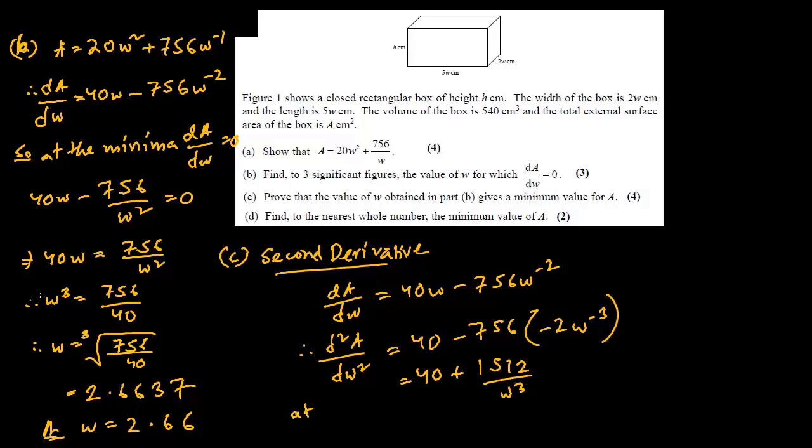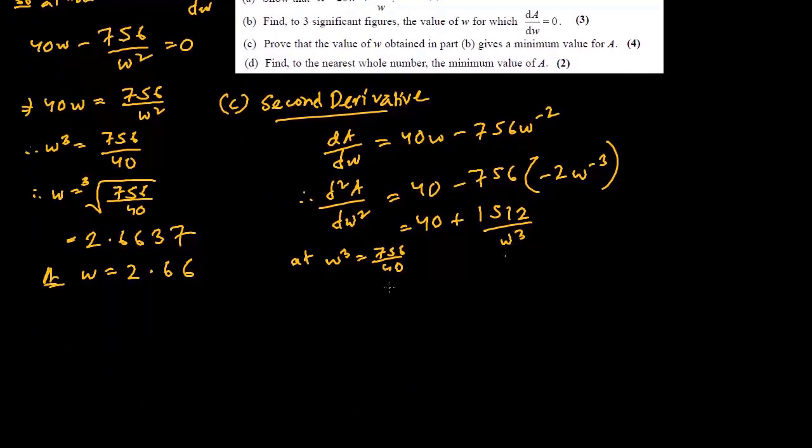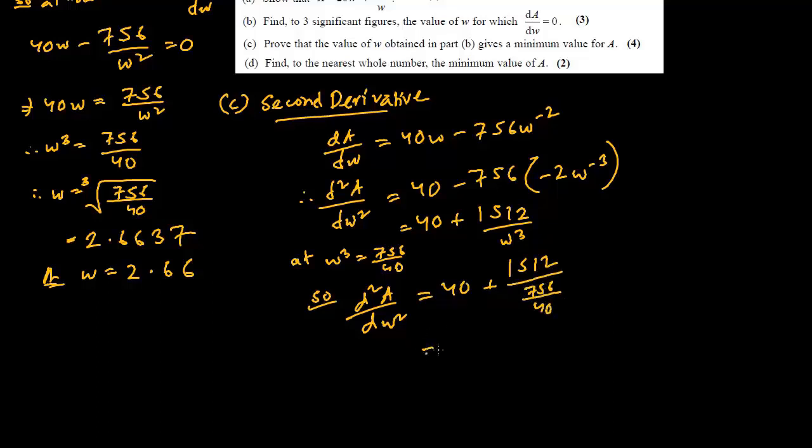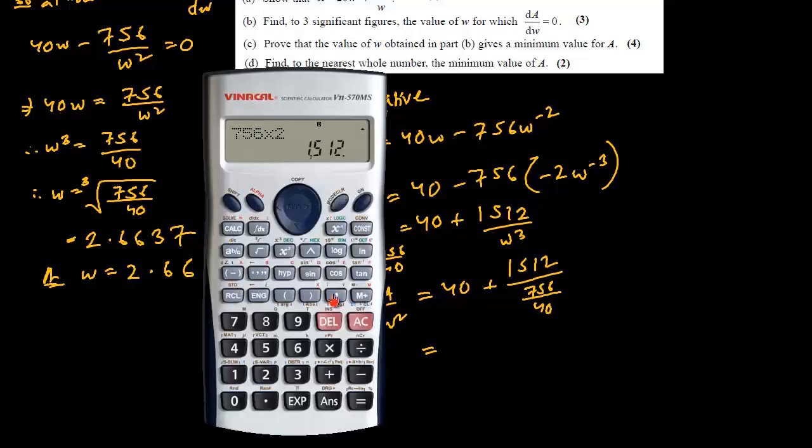We have w cubed over here, so I'm going to use that value. So w cubed is 756 by 40. So d2A by dw squared equals 40 plus 1512 divided by 756 by 40, and this is a positive value. So you can either calculate or not calculate, it doesn't matter.